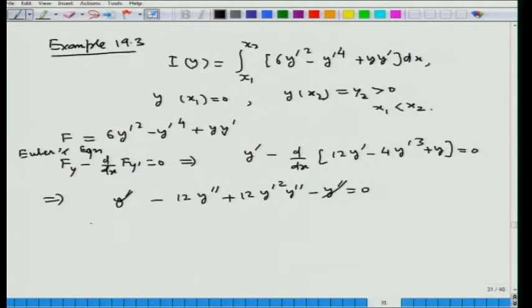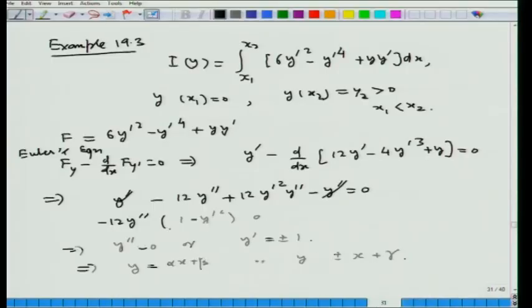So, we take minus 12 y double prime out, and we get minus 12 y double prime into 1 minus y prime square equal to 0. This implies that either y double prime equal to 0 or y prime equal to plus minus 1, and integrating again we get y equal to alpha x plus beta or y equal to plus minus x plus gamma. So, we get straight lines as extremals.